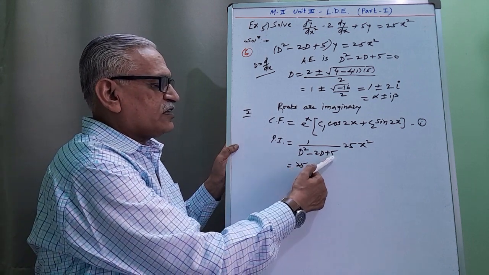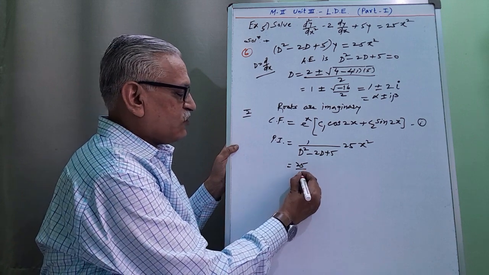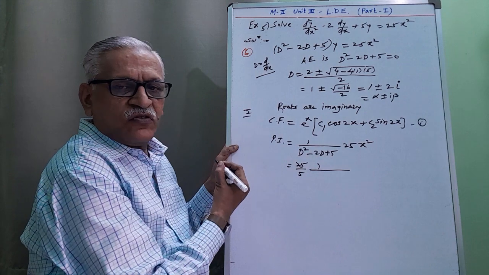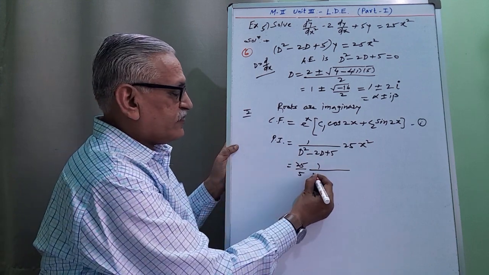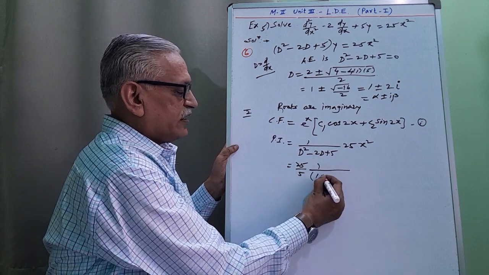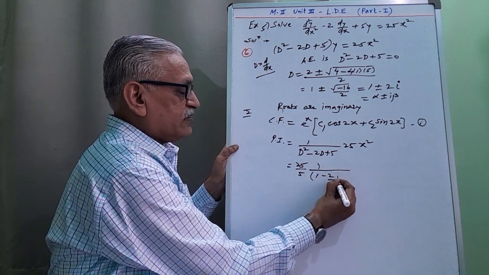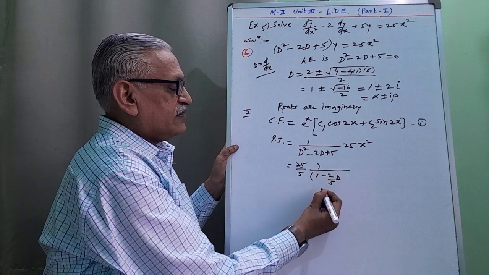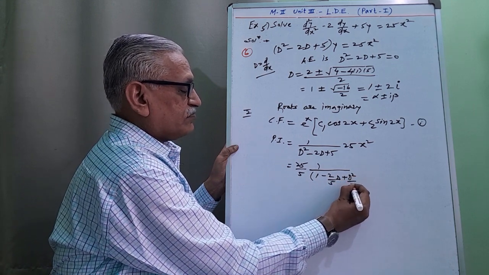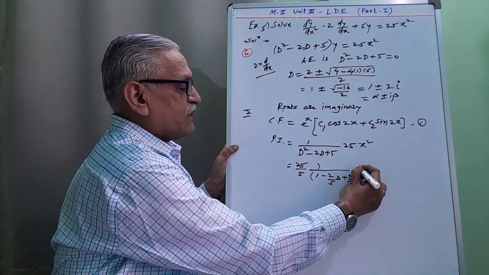Here the lowest degree term is 5. Taking 5 common and writing the terms from right to left direction. Remaining terms are 1, second term is minus 2 by 5d and plus d square by 5, which we have to operate on x square.